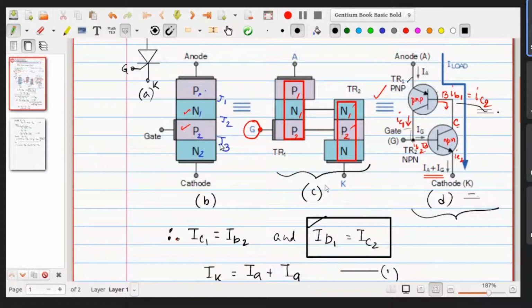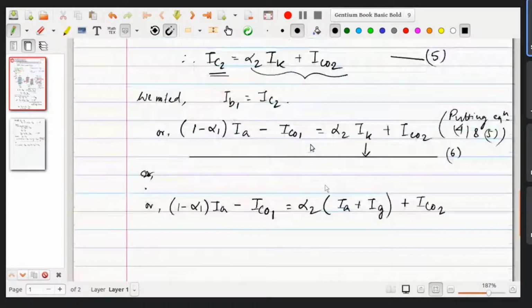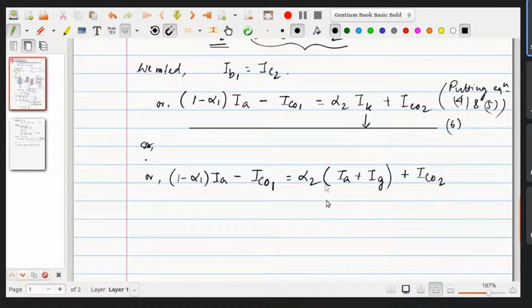So this is the total structure, the construction that we have as the 4-layered device with the 3 junctions. Over there we cannot exactly calculate what is happening in between. So in that case we must come across such a mathematical process so that we can remove these particular base, collector concepts. So we find that now this particular equation is devoid of any such parameters in between.